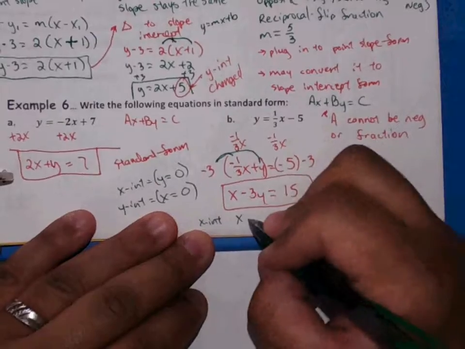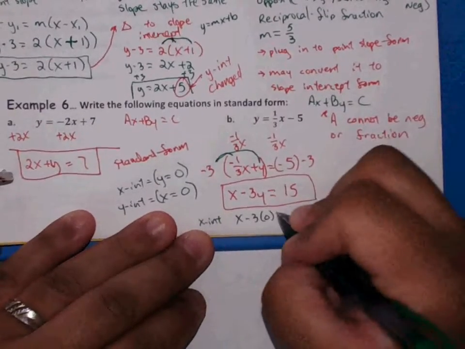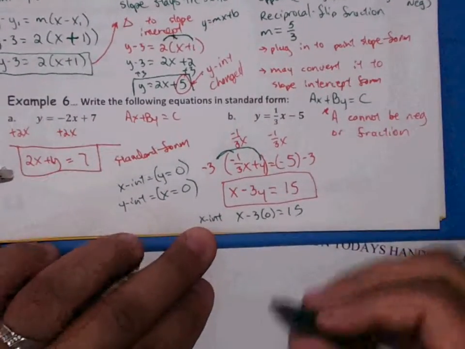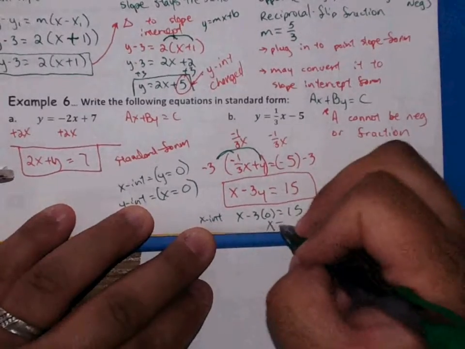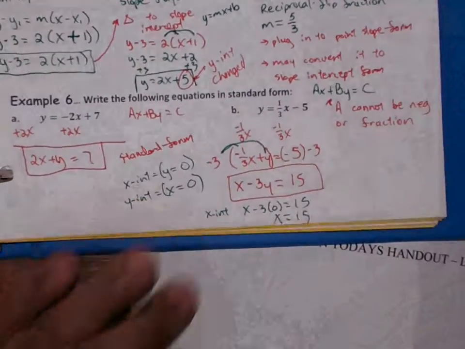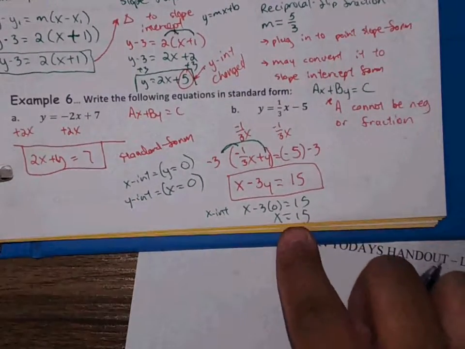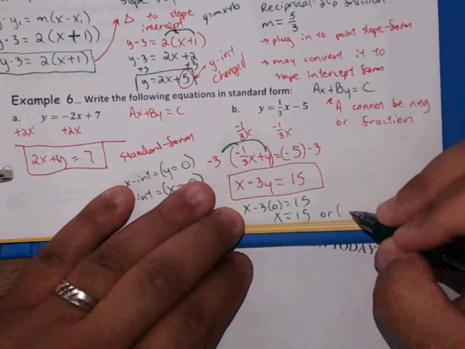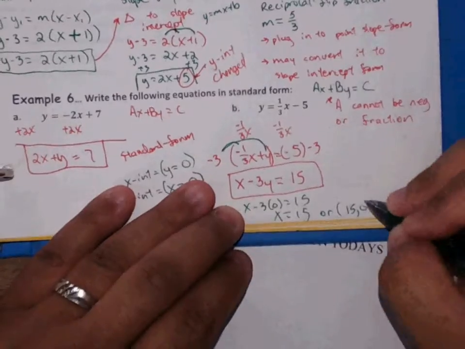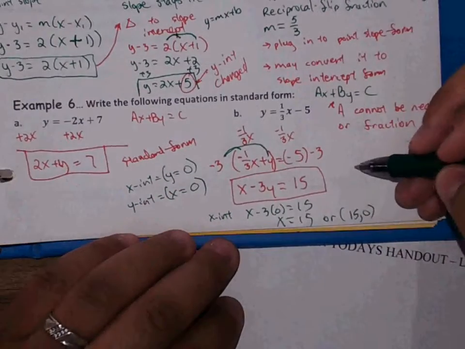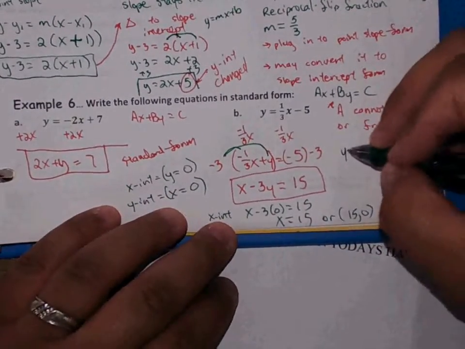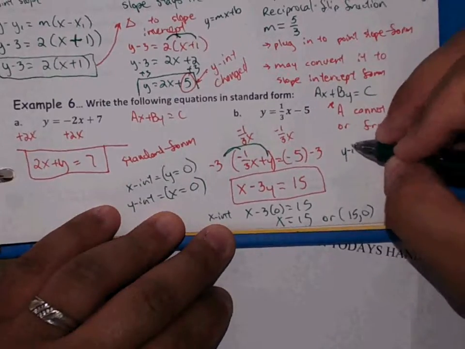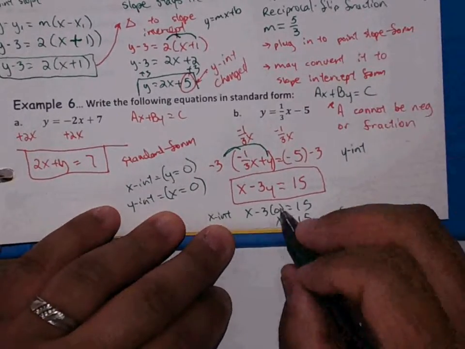This is x minus 3 times 0 equals 15, so x equals 15, which is the same as 15 comma 0. For the y-intercept, I plug in a 0 for x.